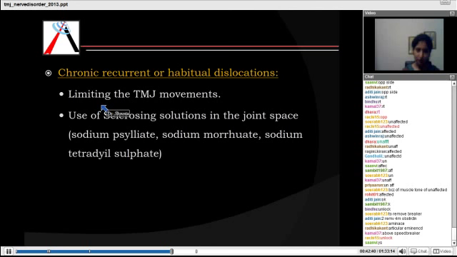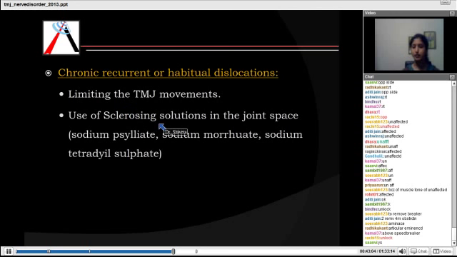But in such patients, if you need to do a treatment, you should limit the TMJ movements. The patient should be advised that during singing, talking, smiling, laughing, yawning, he should stabilize his mandible and not open it much, which will lead to dislocation. He should limit his TMJ so that it does not cause a dislocation.